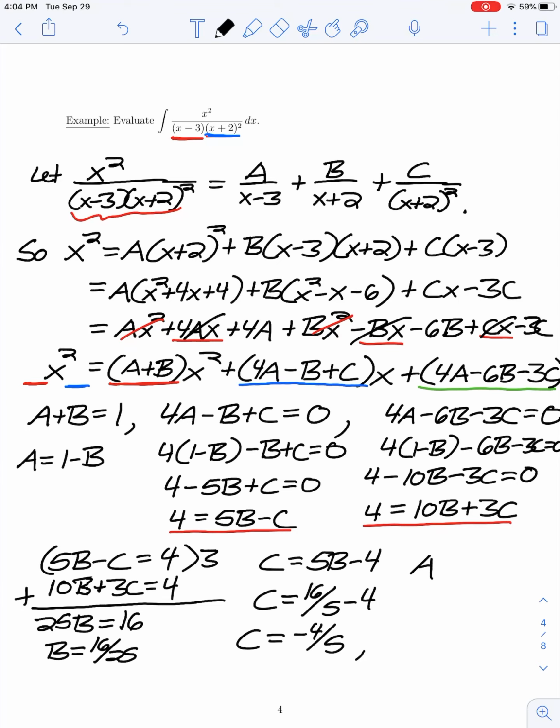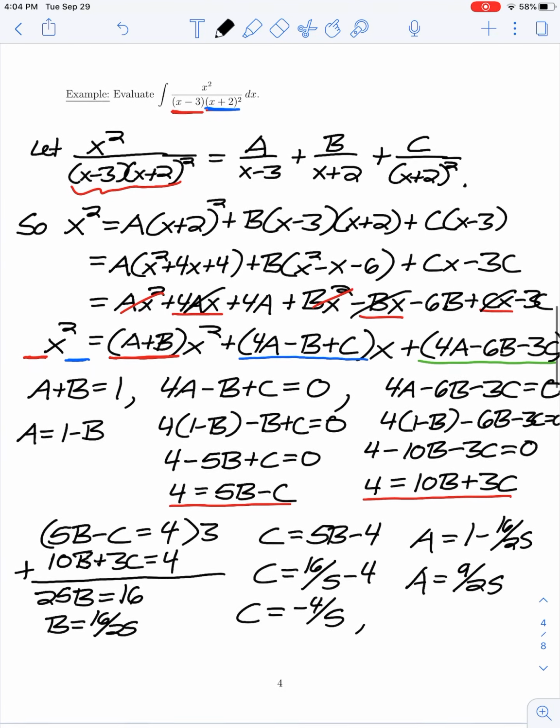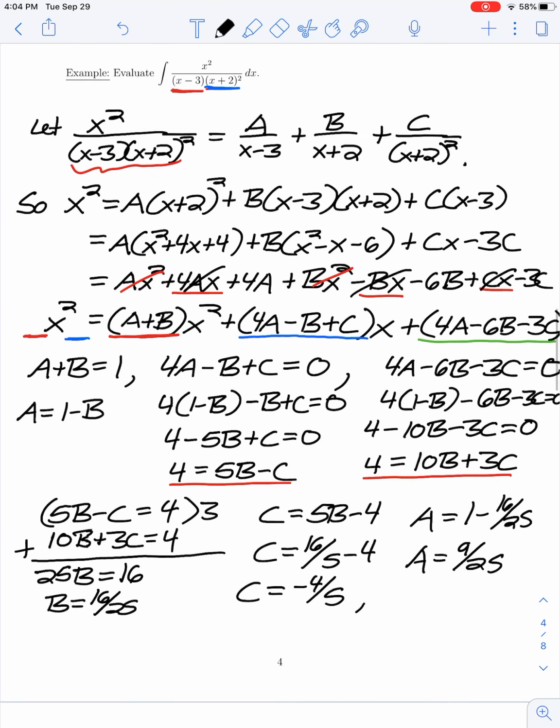And I know that a was equal to 1 minus b. So 1 minus 16 over 25 would leave me with 9 over 25. So once I have a, b, and c, I can look at my integral again, but in its decomposed form.